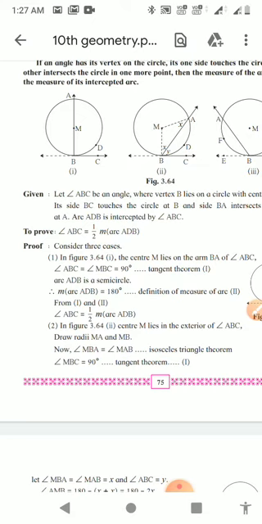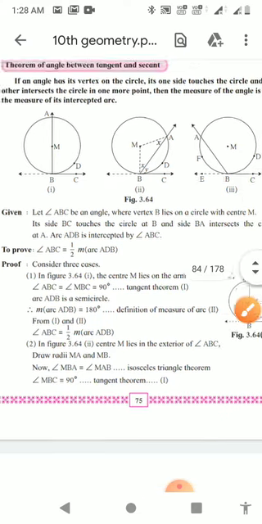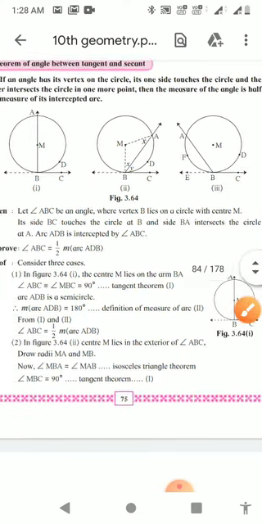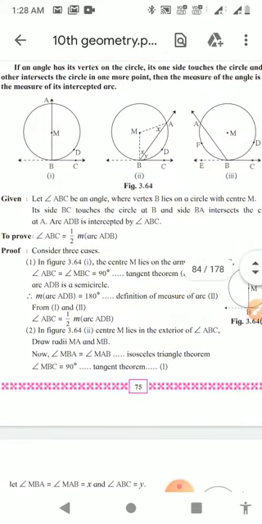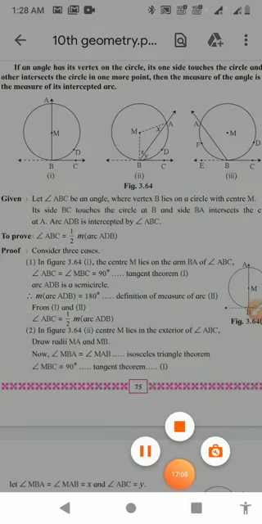So from equation 1 and 2, angle ABC is equal to half of the measurement of arc ADB. Because if I put the measurement of arc ADB as 180 and divide by 2, I will get angle ABC, that is 90 degrees. So in this way, as in the statement, the measure of the angle is half the measure of its intercepted arc. In this way we can easily prove this.